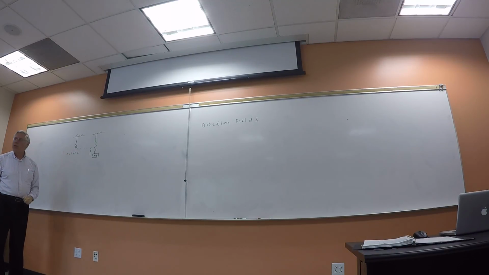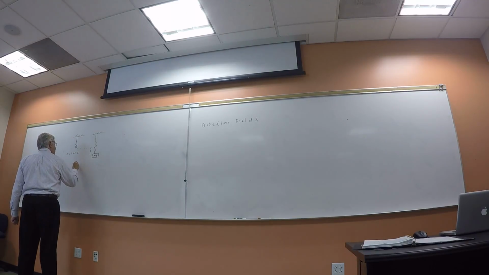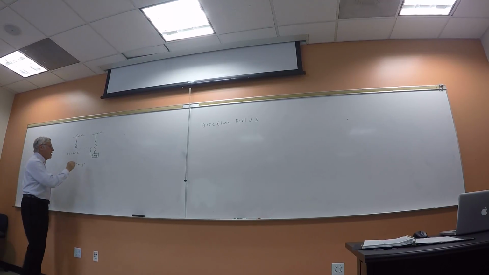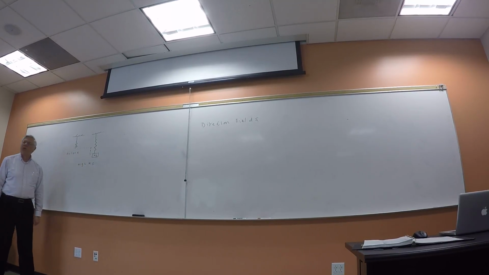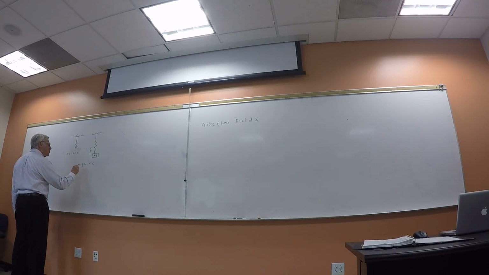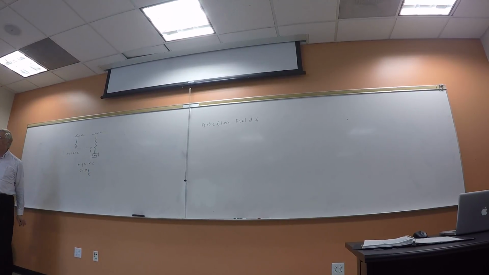In equilibrium, mg has to balance the force of the spring, which is K times S. So you can solve for the static deflection in terms of the mass, gravity, and the spring constant: S equals mg over K. That's the static deflection, just sitting there, not vibrating. It makes sense: the stretch is proportional to the weight, and the stiffer the spring, the less it stretches.